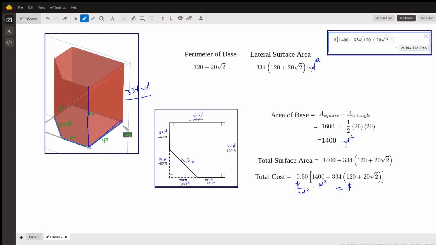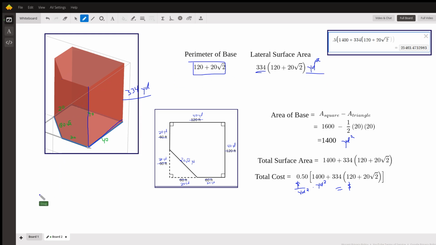It has a height of 334 and a width of 40. 40 times 334. Well, we do that for every one of these dimensions along the base, multiplied by 334. So if we find the perimeter and multiply by 334, we'll have the lateral surface area, in square yards.